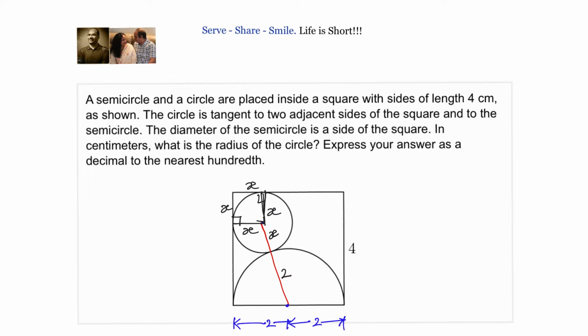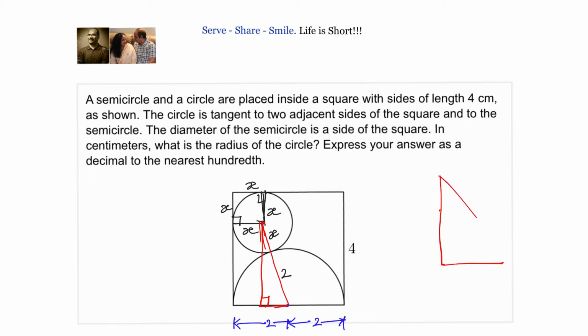For that, we'll drop a perpendicular from this point to here, and this is a right angle triangle. I'll try to find out what the sides of that right angle triangle are, then we can solve the problem easily. So let's go ahead and draw the right angle triangle roughly.